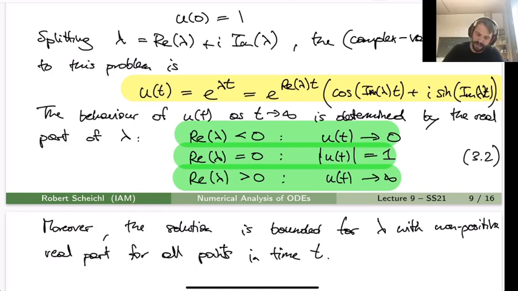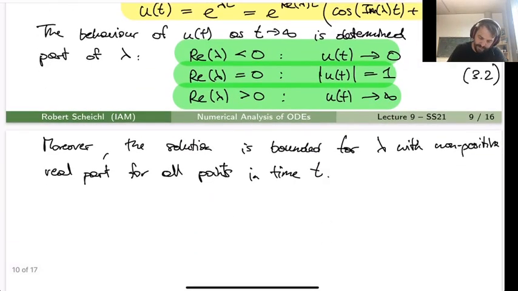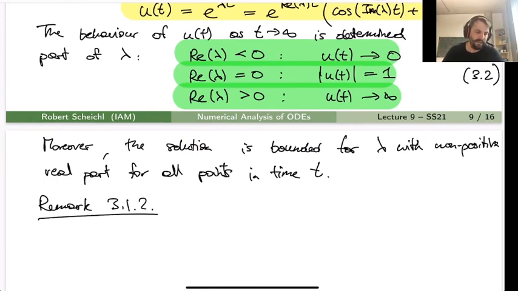Okay, and another remark about the presentation in this lecture. This is a general remark for the whole chapter. We will again and again deal with eigenvalues of real valued matrices.